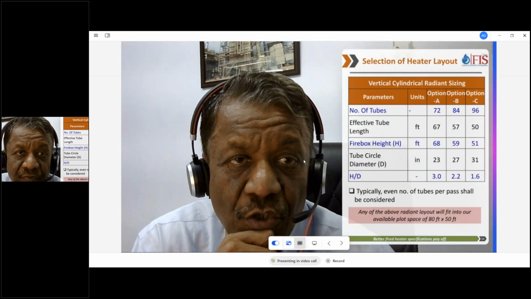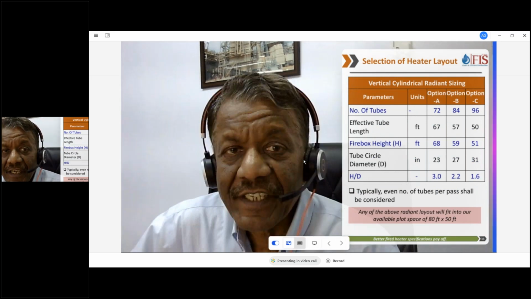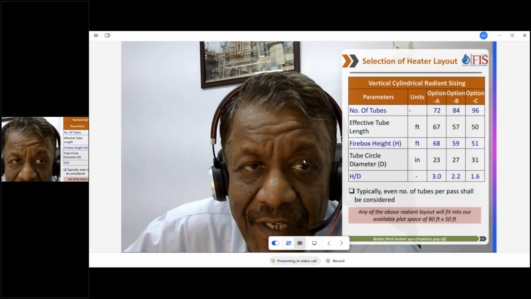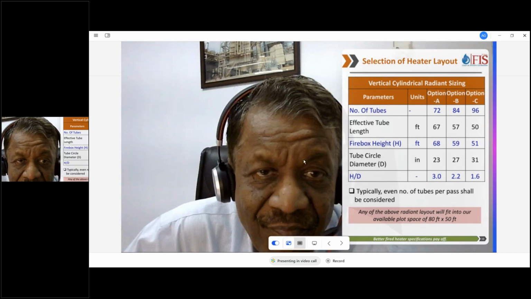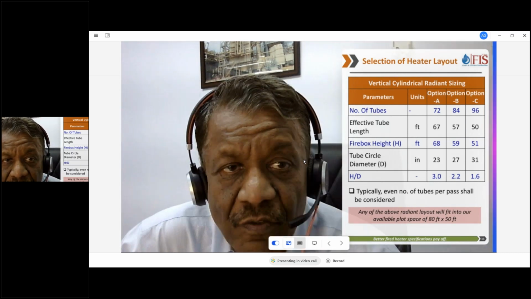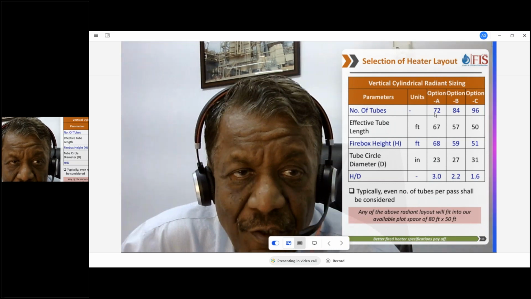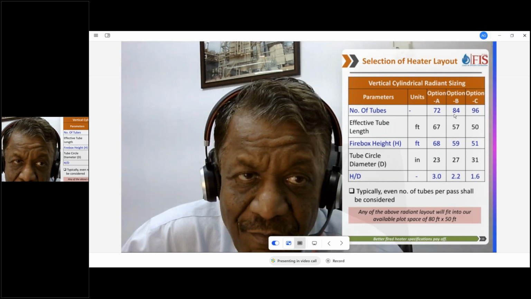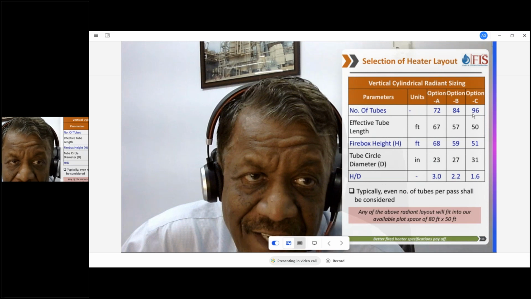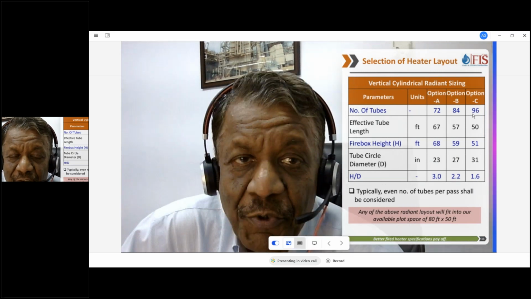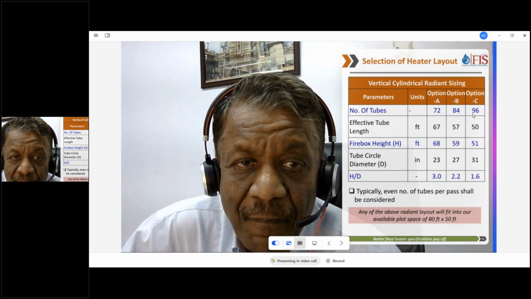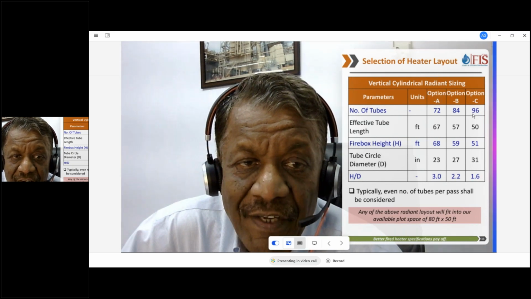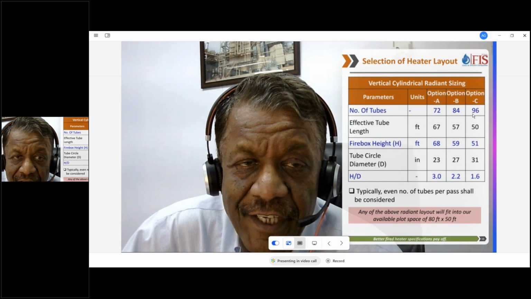Even in a vertical cylindrical heater, I am showing you 3 options. We can have 72 tubes, 84 tubes, or 96 tubes. You can see the number of tubes are multiples of 6 and 2, because we want an even number of tubes for each pass, and there are 6 passes.